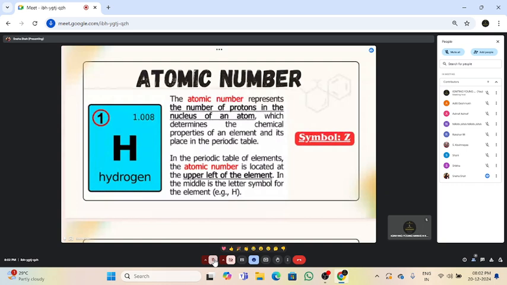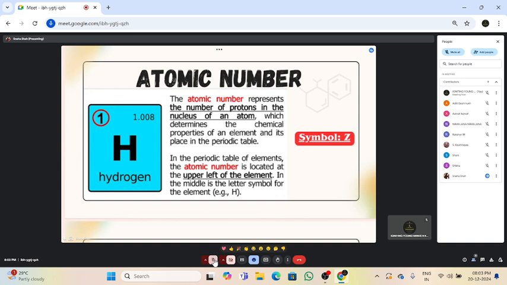For example, the hydrogen atom has one proton, so it is number first. Second helium, third lithium, fourth beryllium. That is how the serial number of elements in the periodic table is nothing but the atomic number.